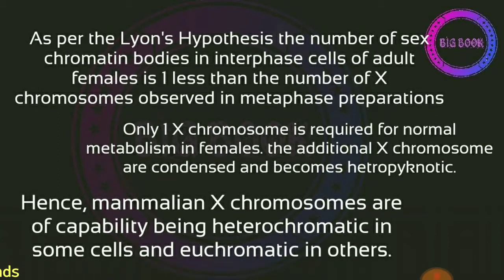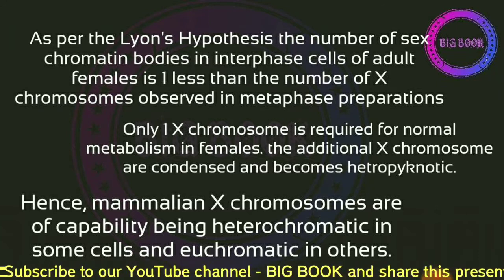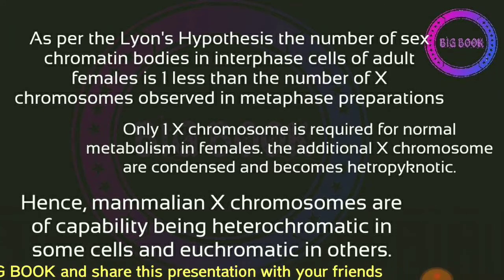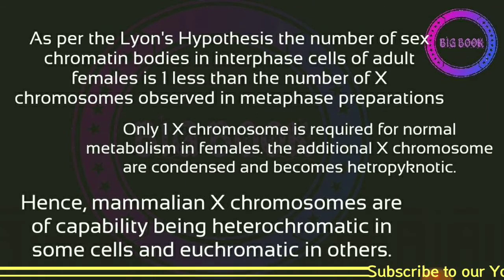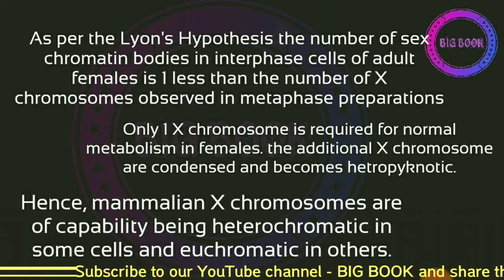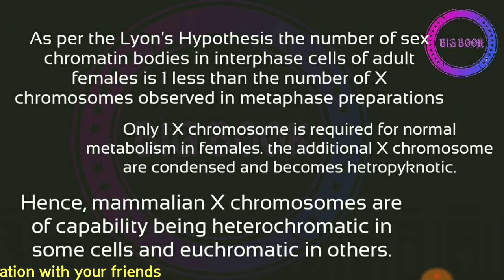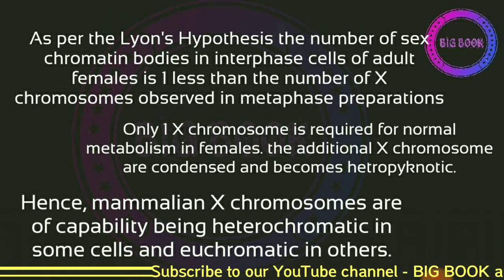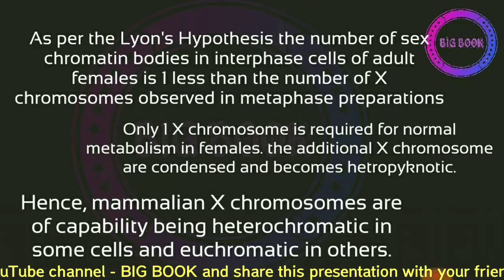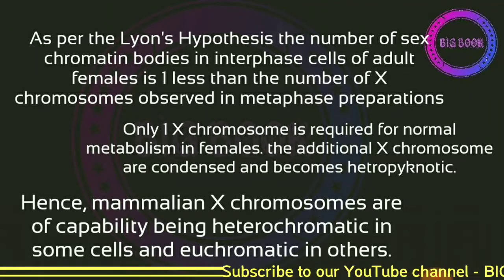It is the range of the ratio where, if you consider a normal human female cell studied for the Barr body, or the inactivated sex chromatin, out of 100% of the cells in the sample, 50 to 70% of the cells will show the Barr body, the rest will not show the Barr body.